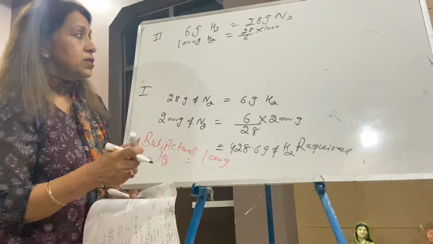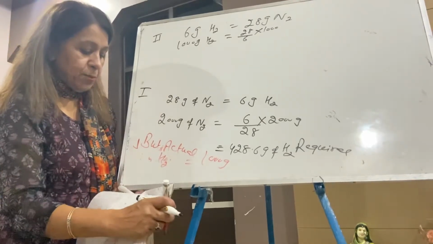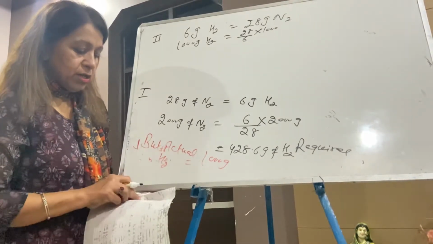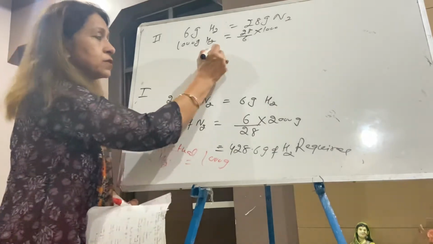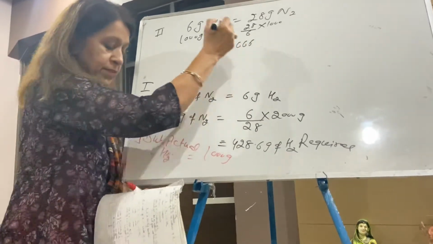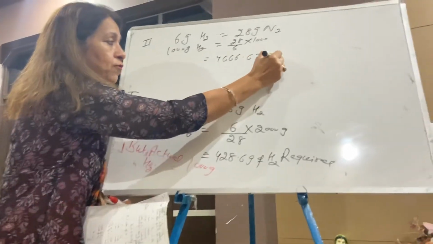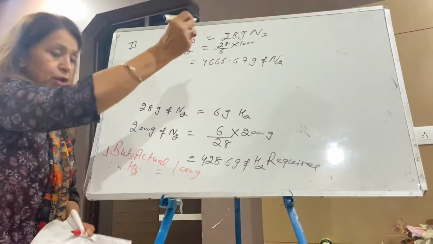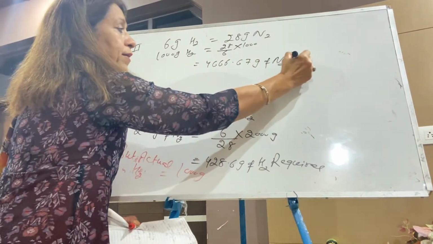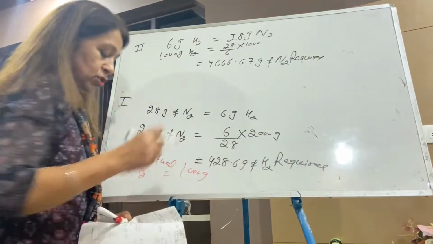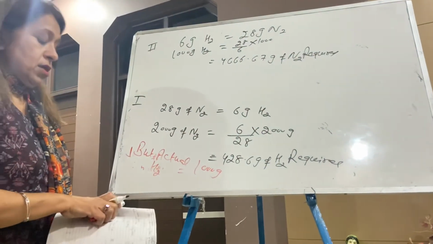Now next, it is 28 by 6 into 1000. That comes to 4,666.67 gram of nitrogen required. And how much nitrogen is actually given in the numerical?